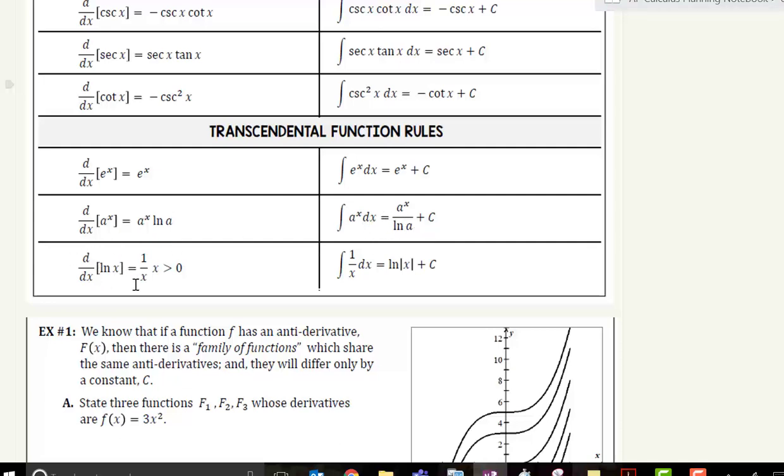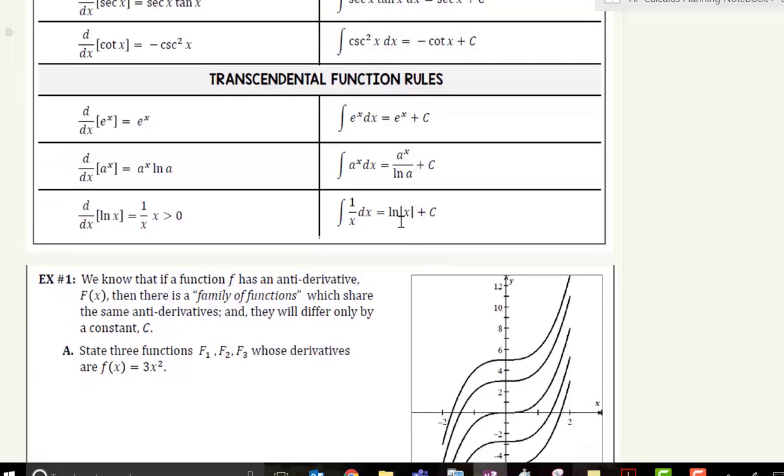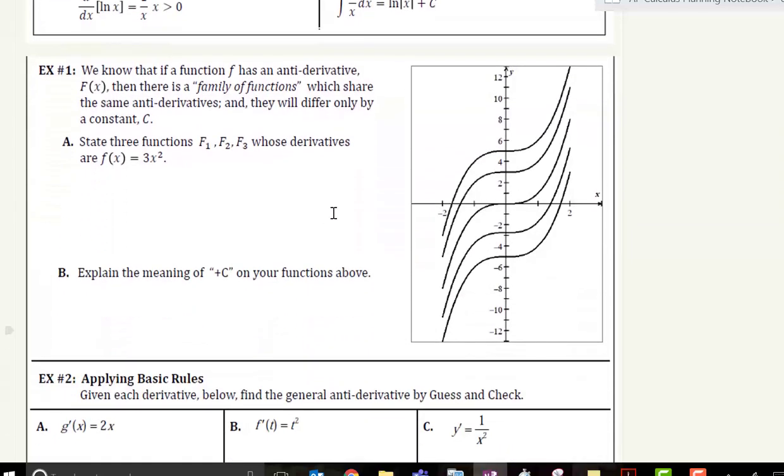And with natural log of x, we would have 1 over x. So when we have that integral of 1 over x, we get natural log of the absolute value of x. We'll talk a little bit more about this as we go. The whole idea of this absolute value sign is to keep the domain the same from that 1 over x, but we'll get there as we go.